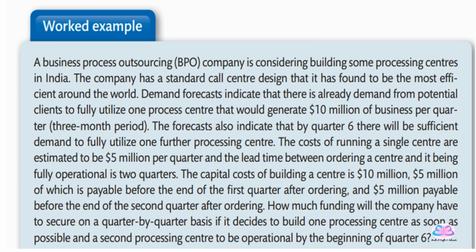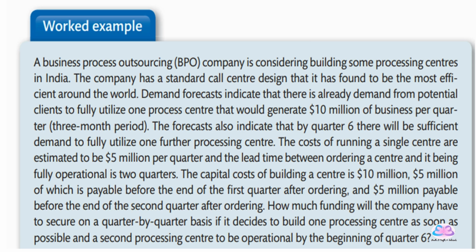The forecasts also indicate that by quarter 6 there will be sufficient demand to fully utilize one further processing center. The cost of running a single center is estimated to be $5 million per quarter, and the lead time between ordering a center and it being fully operational is 2 quarters.